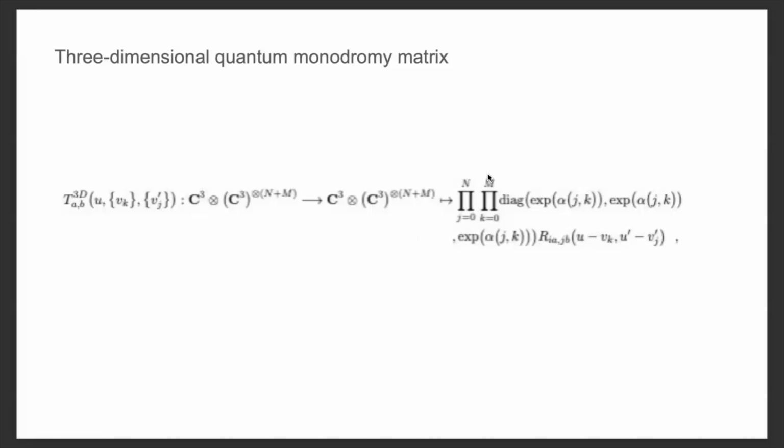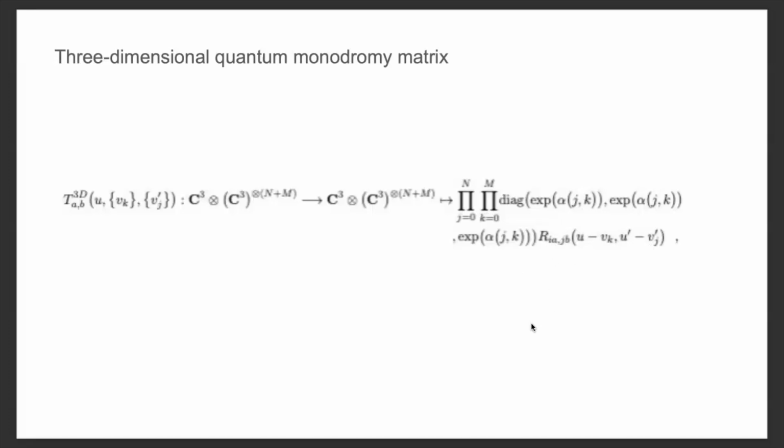And this comes into play in the fact that we have a product for K, and we also have a product over J, and we have a 3 by 3 diagonal matrix instead of a 2 by 2 diagonal matrix, and we have a product that's hitting this product of diagonal matrices that's dependent upon two spectral parameters, namely u minus v sub k, as well as u prime minus v sub j prime, and we have I of a and j of b.